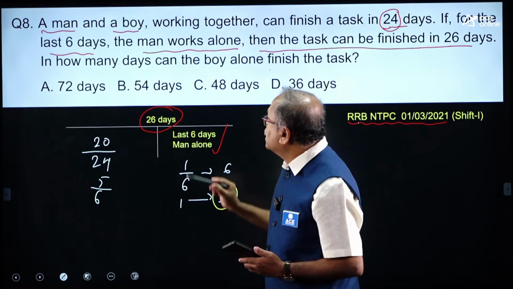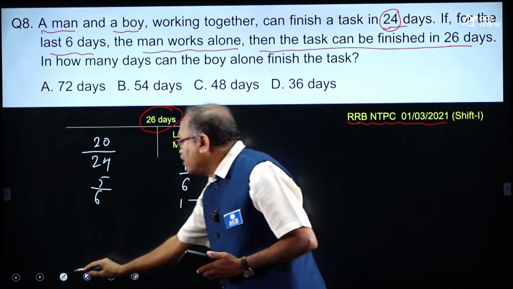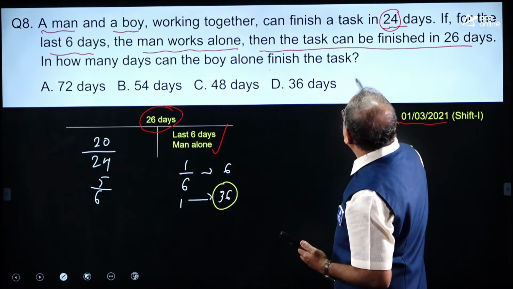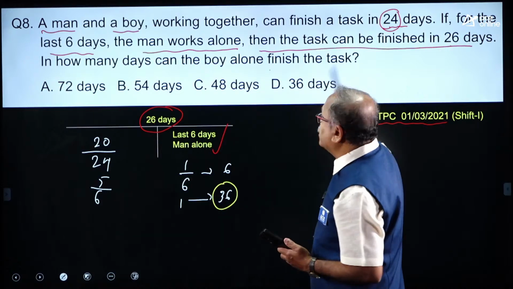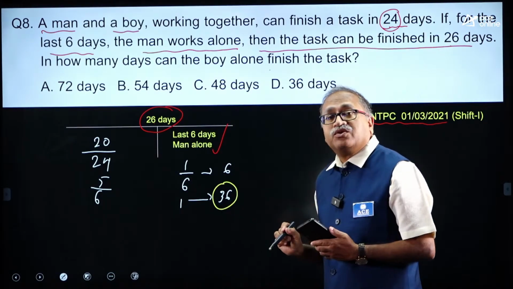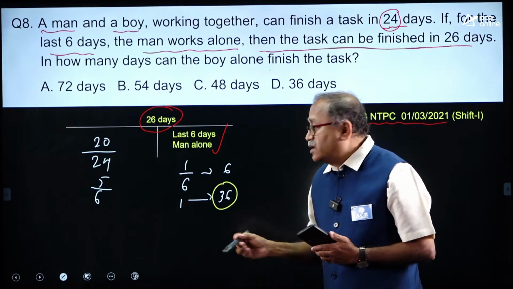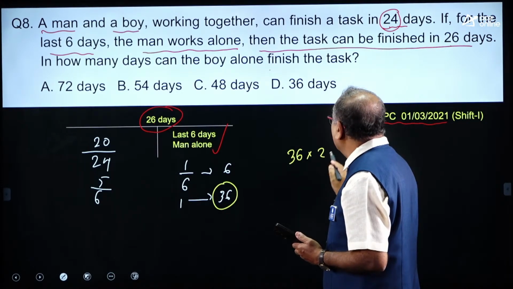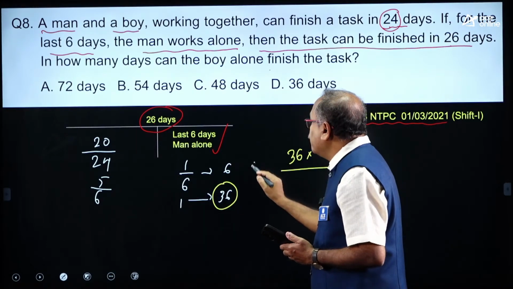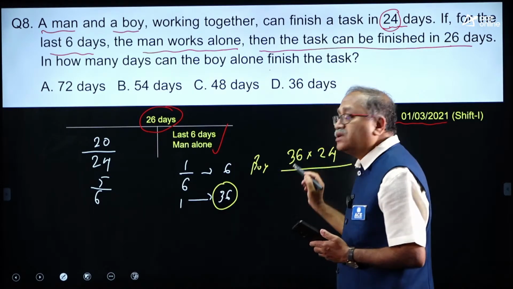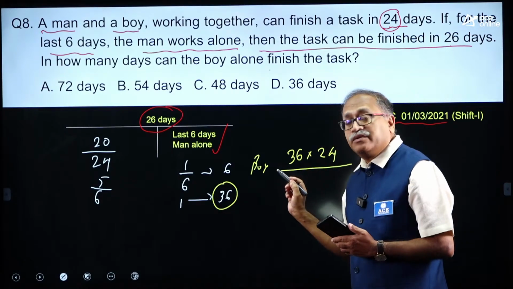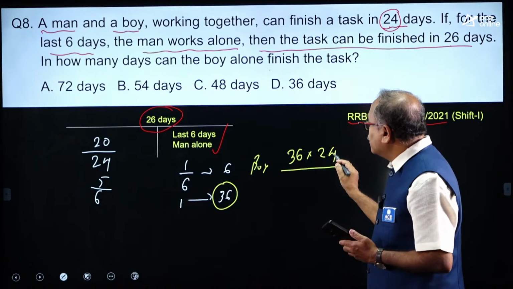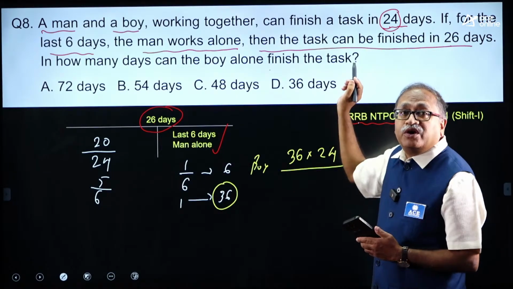Man and boy can complete one work in 24 days, so how many days will the boy alone take? I will apply this small formula. When A plus B is given to us and one of them is given, how do we find the other? Here 36 is the man and 24 is man and boy together.